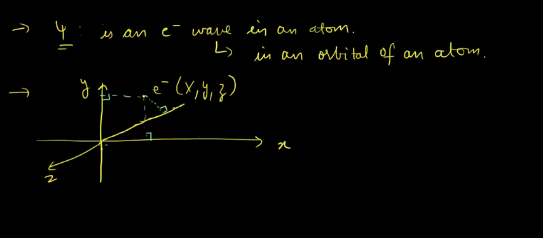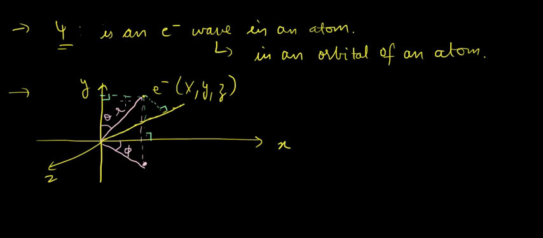In polar form, this is the distance r, the angle with the y-axis is termed as theta, and the angle of the projection of the particle on the x and y axes with the x-axis is the angle phi.